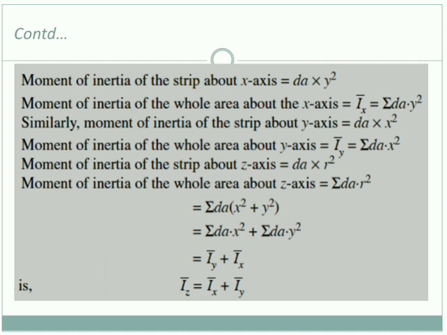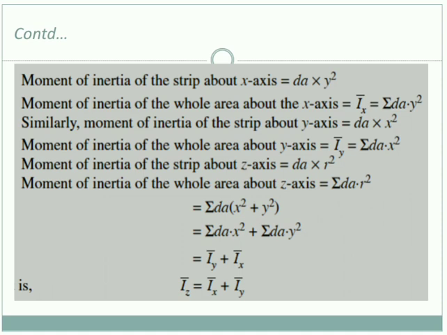Substitute that in place of r square, expand the bracket: summation dA into x square plus summation dA into y square. But what is summation dA into x square? Iy. What is summation dA into y square? Ix. So we can easily prove this perpendicular axis theorem.